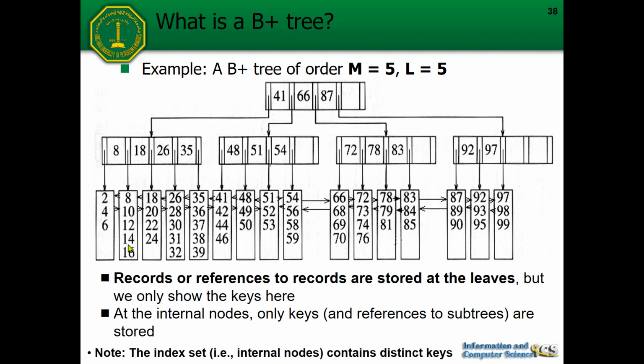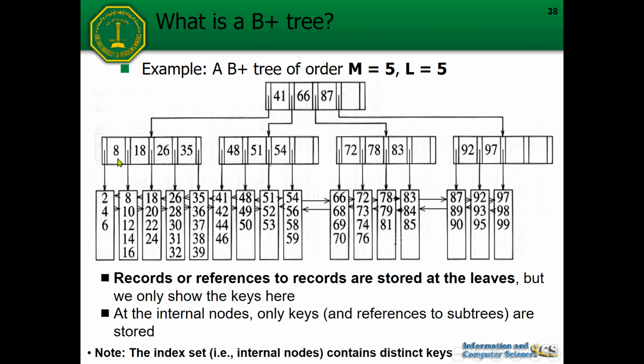Because of a rule in the B plus tree, we can decide the keys in the internal nodes, the parents of the leaf, by using the minimum key in the right child. So for example, for this node, you can see that there are 4 keys. So there are 1, 2, 3, 4 and 5 children for this node.